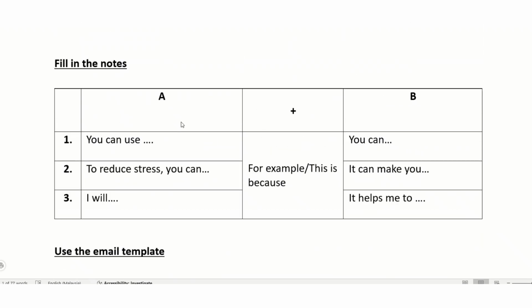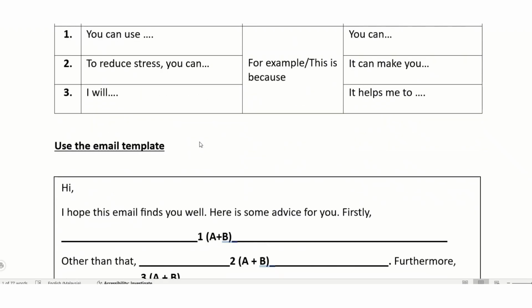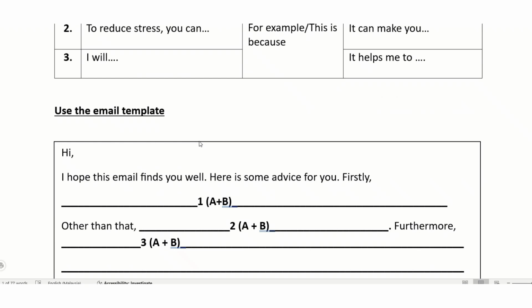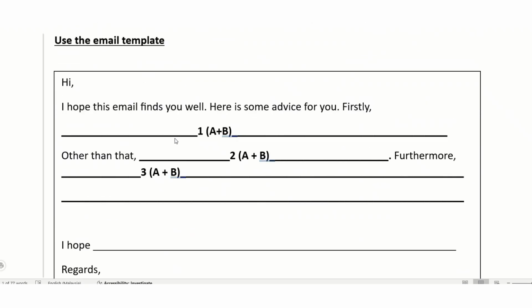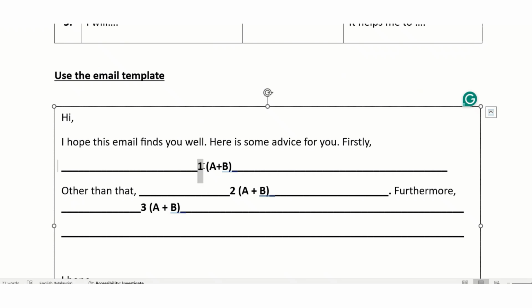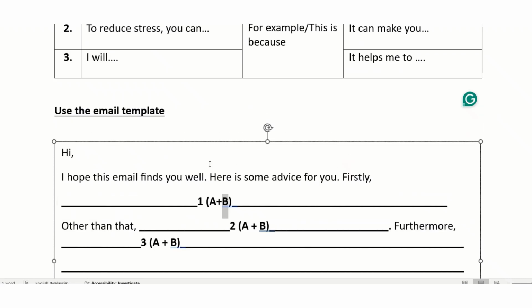Okay, now when all of these are completed, then we go to the next part, which is using the actual email template to fill in the information here. If you notice this symbol, this is actually the instruction on what to do next. So number 1 meaning content number 1 with the main idea, the connection, the plus sign, and also the B part, which refers to the example or the explanation.